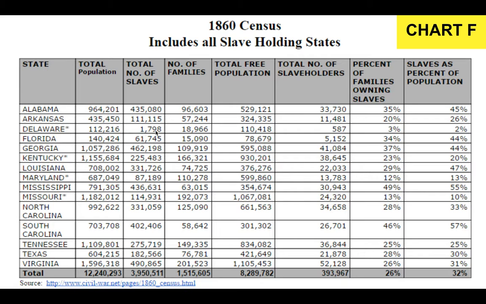This chart is what we basically use to create some of the earlier charts here. So again, this is an 1860 census, includes all slaveholding states. All right. It goes by state, the total population, the total number of slaves, the number of families in this case, the state of Alabama, the total number of free people, the free population, the total number of slaveholders, the percent of families that actually own slaves, and slaves as a percent of the population.